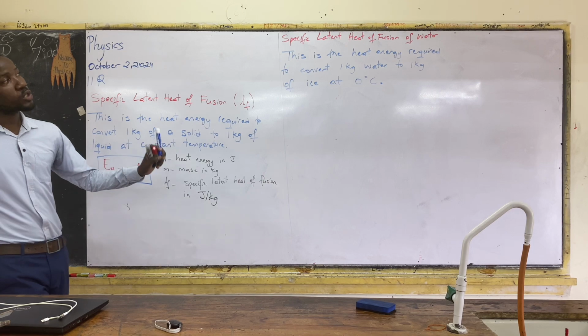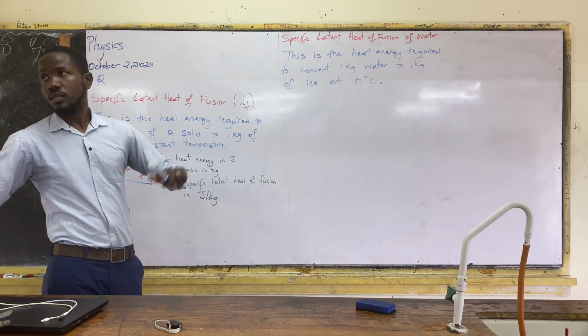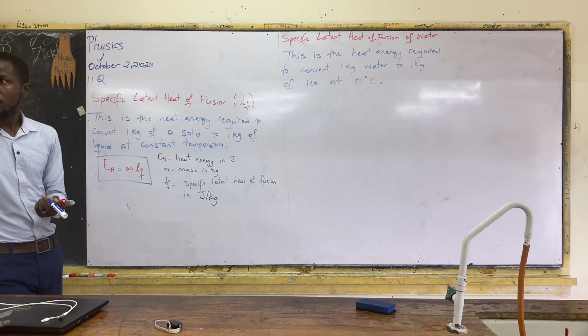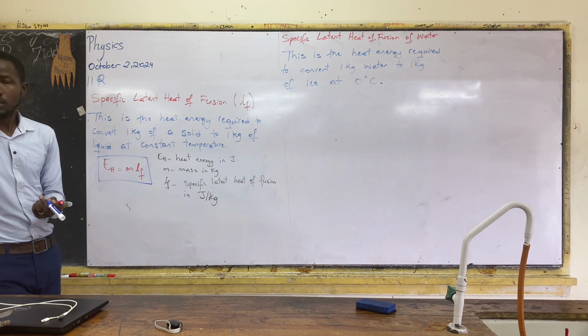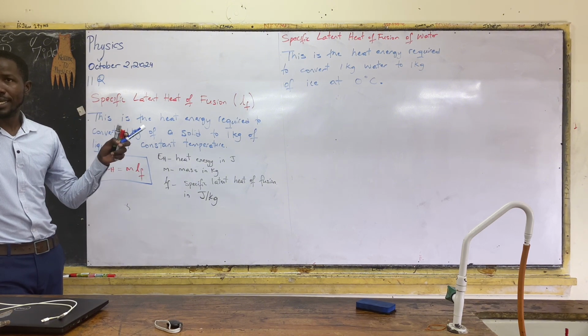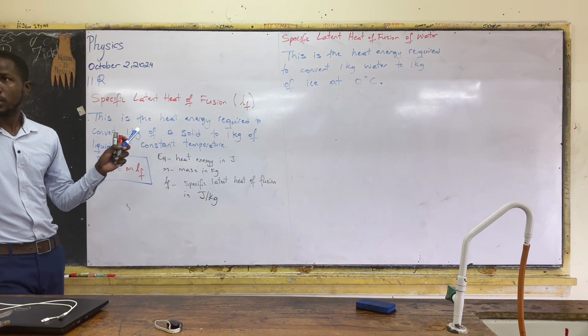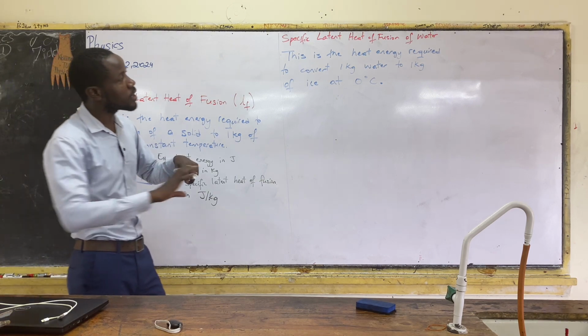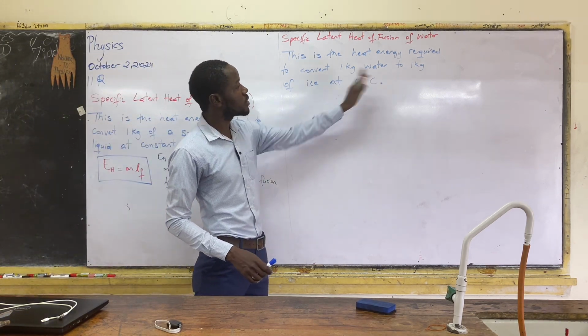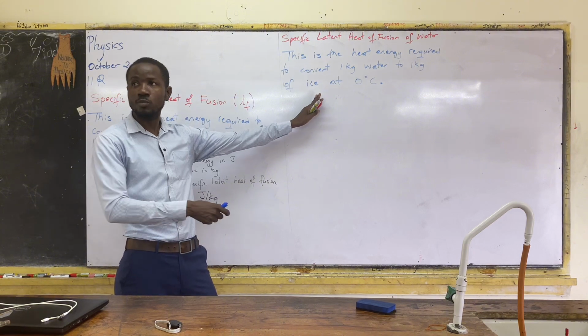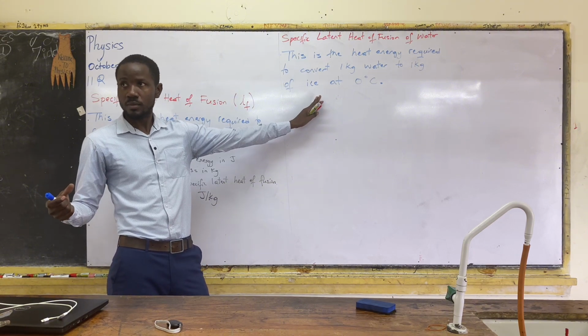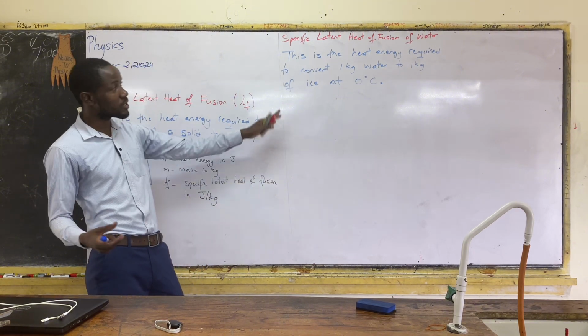And we should all appreciate that the specific latent heat of fusion is to go from liquid to solid or from solid to liquid. So if we want to convert 1 kilogram of water to 1 kilogram of ice, we're going to have to remove some heat, a certain value, and we're going to see the value shortly.